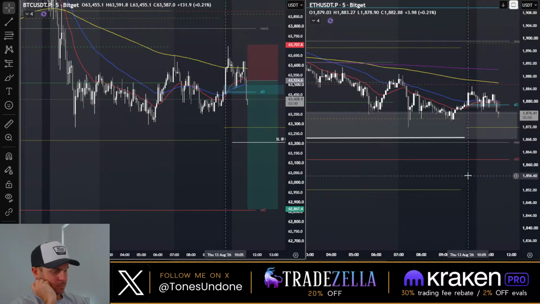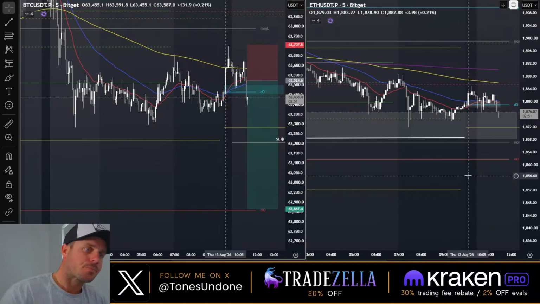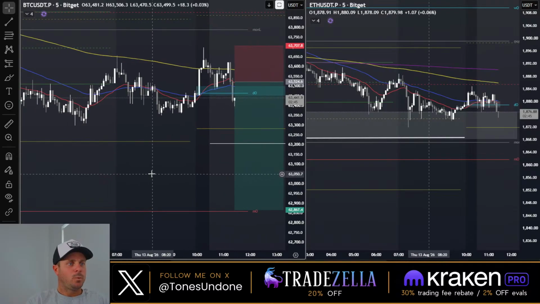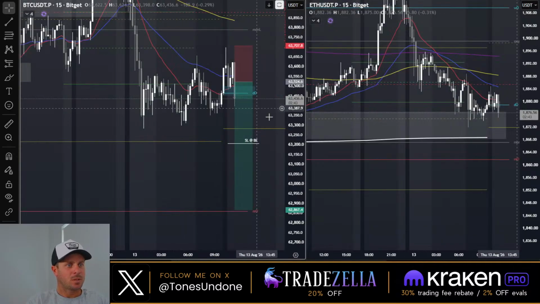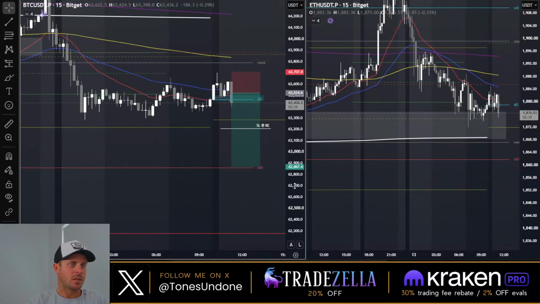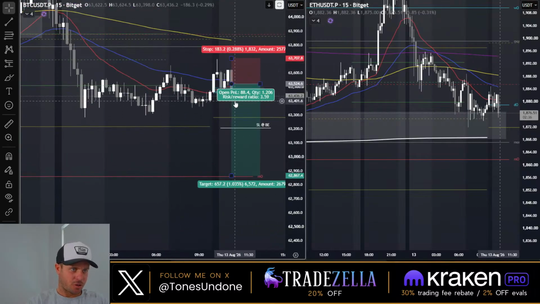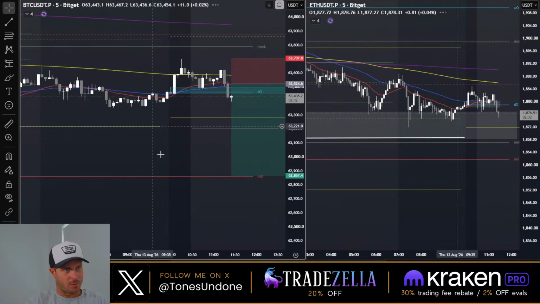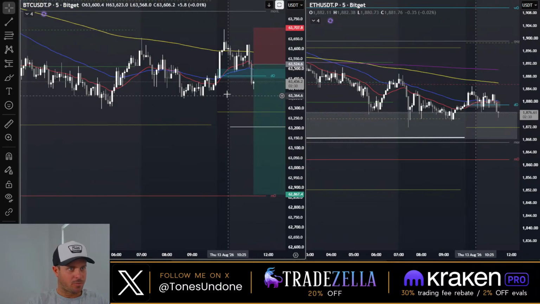I cannot believe I drove. I said bearish engulfing, inverted hammer. I get inverted hammer on the 5 minute.